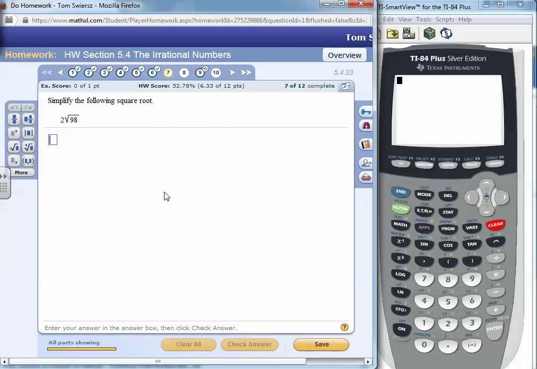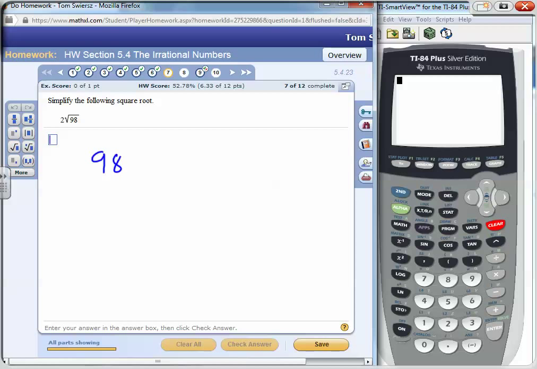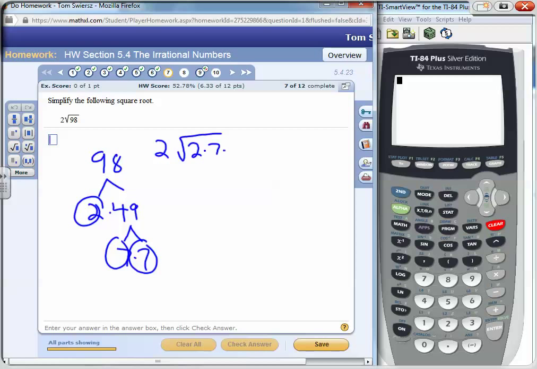Okay, 2 times the square root of 98. Now the 2's already on the outside, so you'll just bring it down. 98 is inside the radical, right? So 98 is actually 2 times 49. 49 is 7 times 7, right? So we got primes here. So we'll copy down the 2 on the outside. The square root of 98 we're going to rewrite as 2 times 7 times 7, from our prime factorization. What's the rule? When it occurs twice, it's a perfect square.